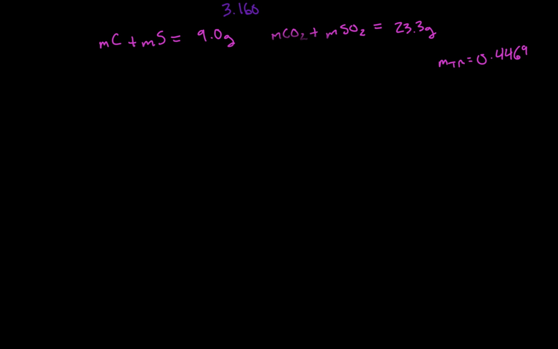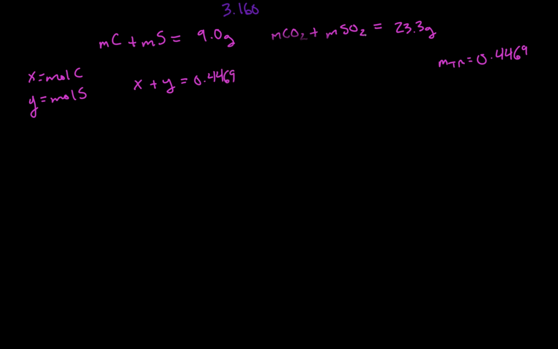All right. So then once we have that, we're going to have a substitutable reaction to put into the formula weight ones that you've seen me write a couple times now. Okay, so let's say X is the moles of carbon, and Y is going to equal the moles of sulfur. And therefore, if I have X plus Y, I get 0.4469.